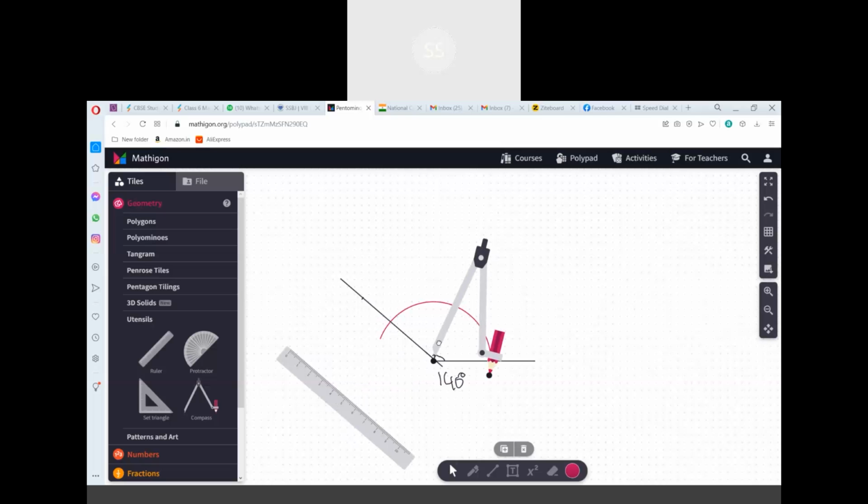After this, we have to take more than half the length. Again we should do an arc. We have to place it over here. Again we have to do the arc.